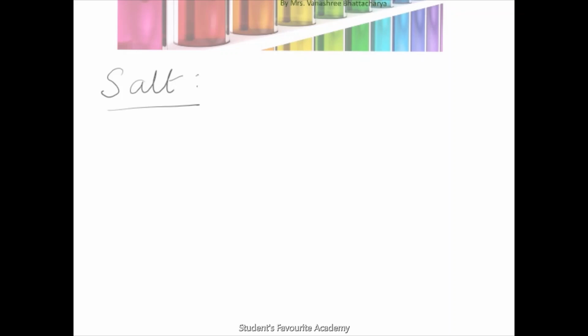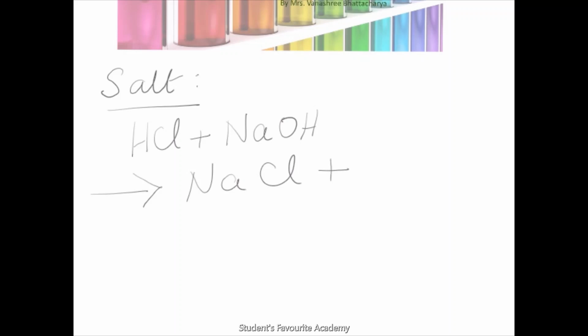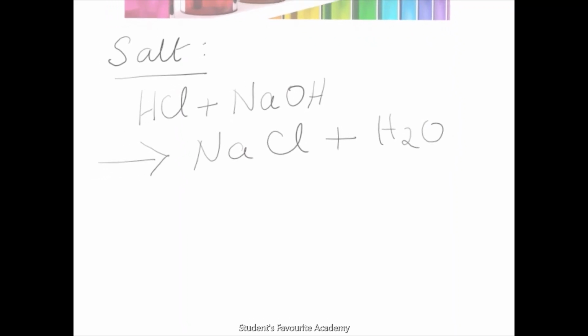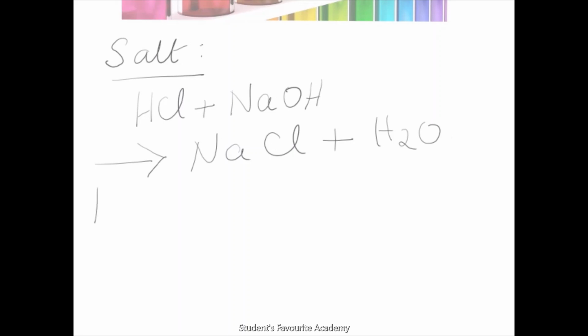Now, for example, HCl, hydrochloric acid, plus sodium hydroxide, NaOH, gives what? NaCl plus H2O. Similarly, say sulfuric acid, H2SO4 plus say potassium hydroxide gives what?